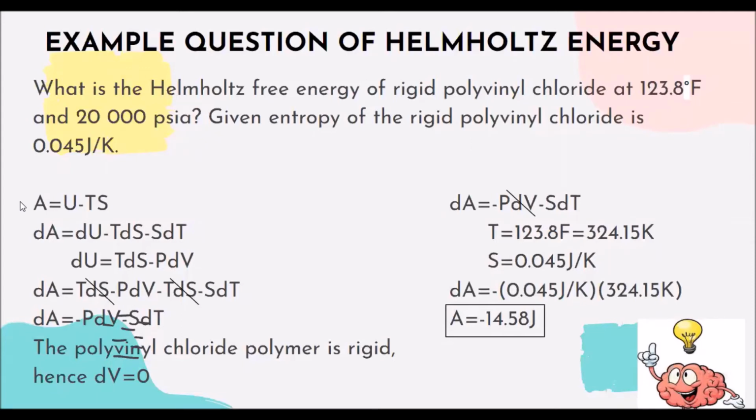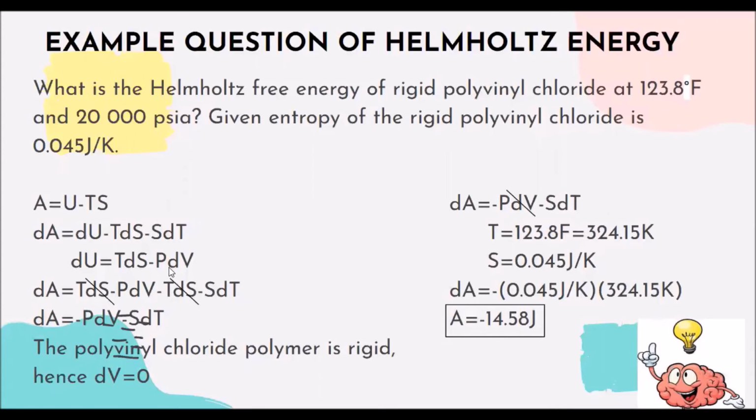So what we will do is differentiate the whole equation, which will give us dA equal to dU minus TdS minus SdT. Note that dU is equal to TdS minus PdV.